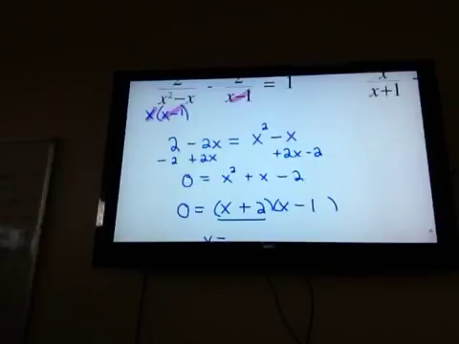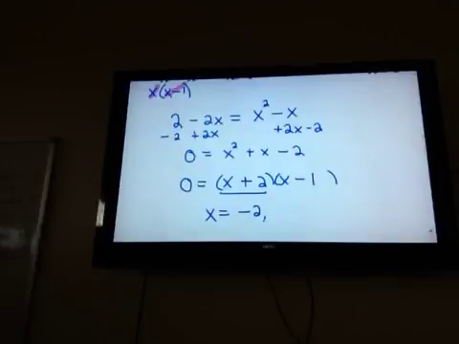What do I get from the first parentheses? x plus 2. What is the x value then? Negative 2. Remember our shortcuts. Opposite sign, so negative 2 over 1 or negative 2. Positive 1 over 1 or positive 1.